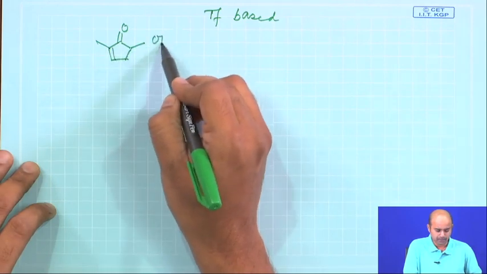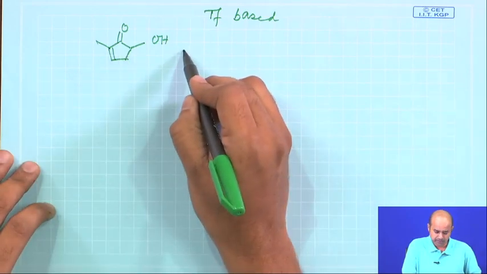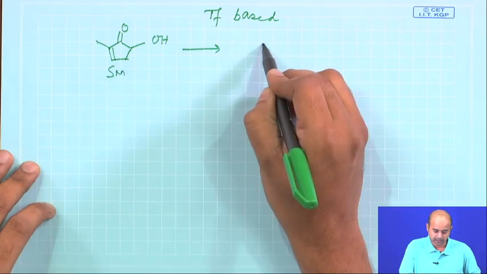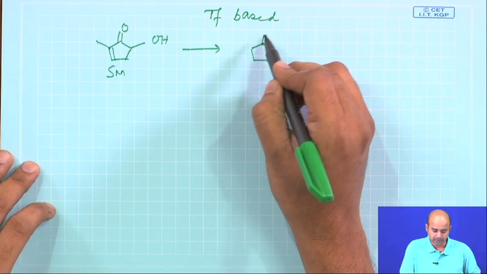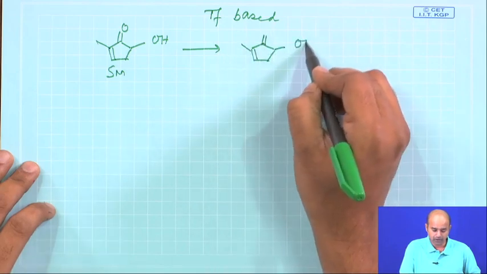You have a cyclopentanone based starting material, and I give you the starting material and the target. You have to make an exocyclic methylene compound from this starting material, remaining part all remains the same.